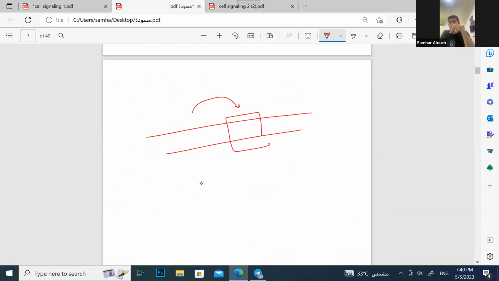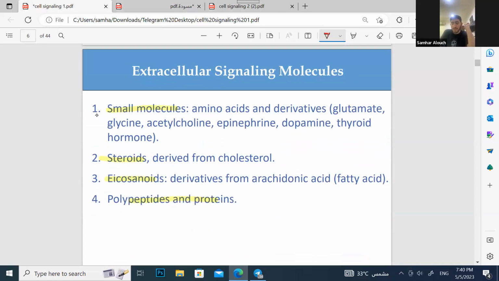We have 4 types of ligands that bind on membranous receptors. The first is small molecules, which are amino acids and their derivatives like glutamate, glycine, acetylcholine, and so on. The second type is steroids, which are derived from cholesterol.